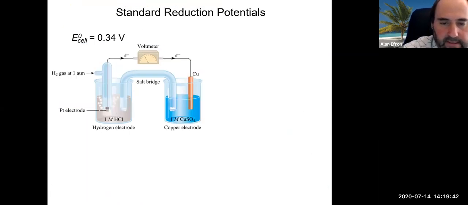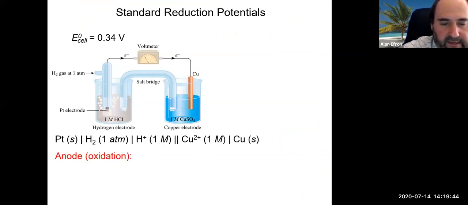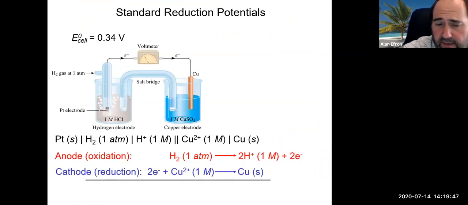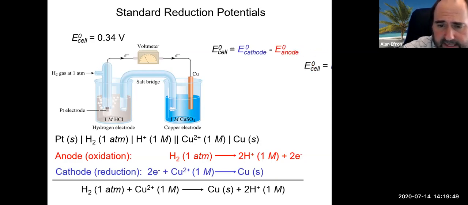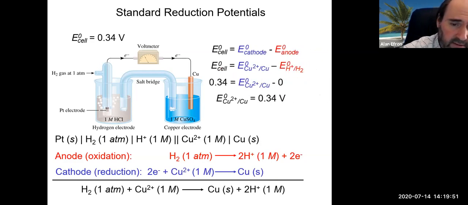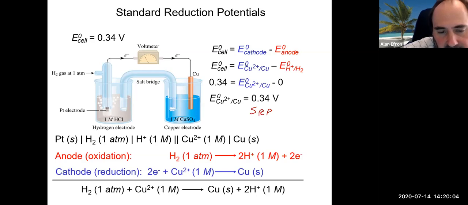Okay. Now, here, if we hook up our standard hydrogen electrode with copper in this case, and we do our little calculation, we see that the cell voltage is 0.34, and copper's SRP value will end up being 0.34 as well. We also see a change occurred here.